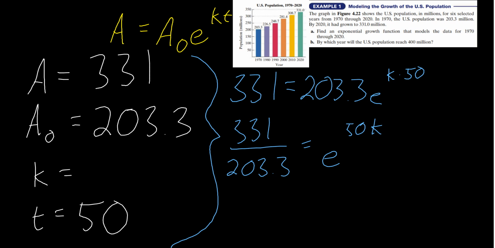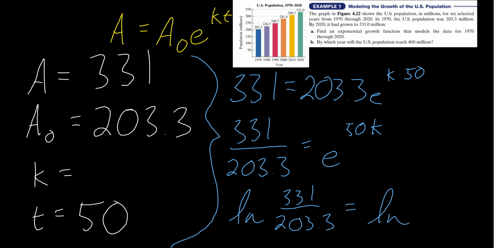Well, how do we solve this problem? Well, if you recall, we have to take the natural logs of both sides, right? So we're going to take the natural log of the left side and take the natural log of the right side. So we're going to do the natural log of 331 over 203.3. That's equal to the natural log of E to the 50K.